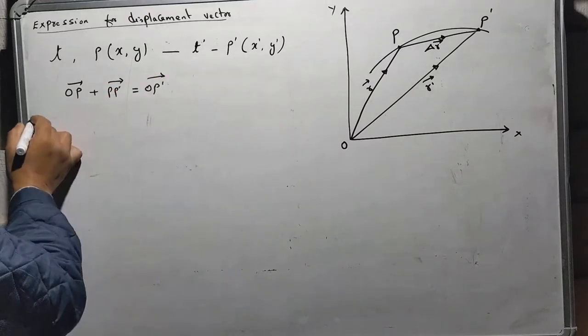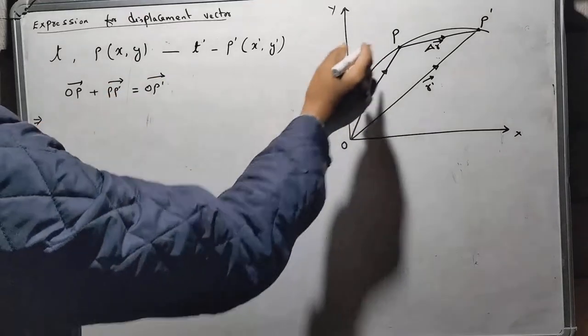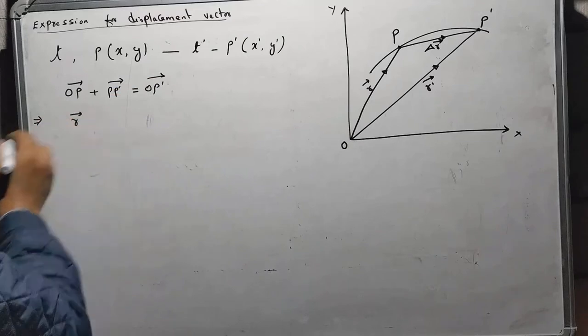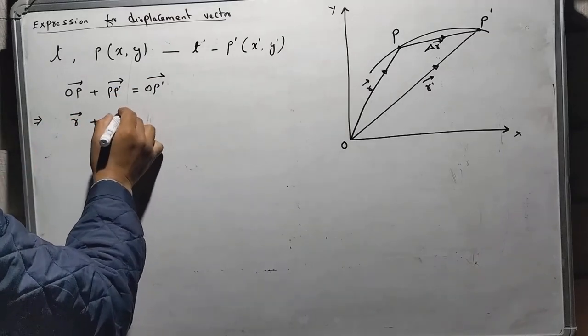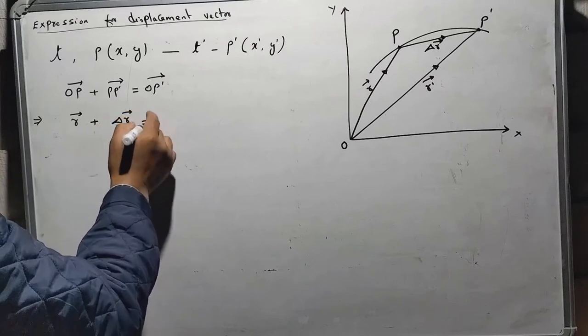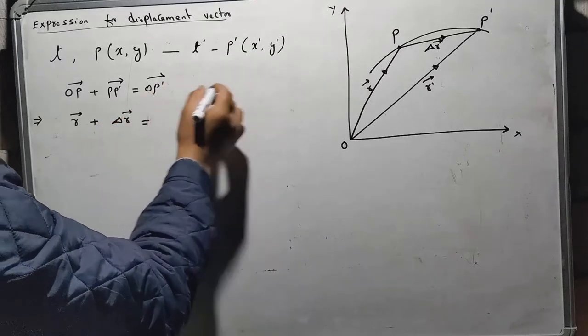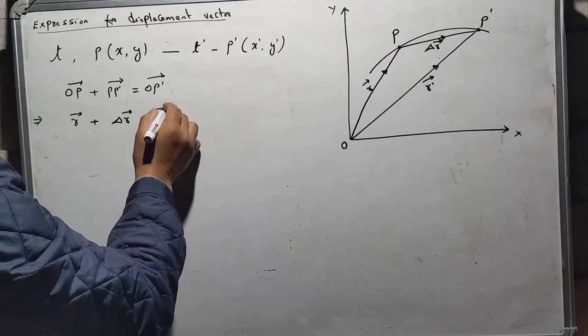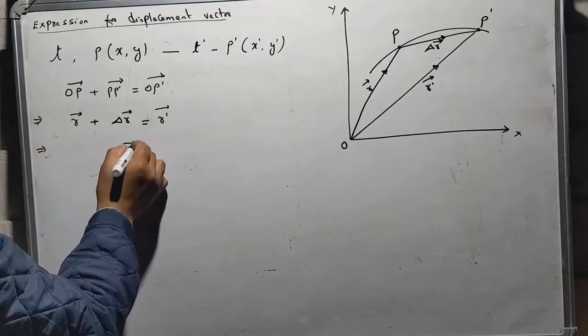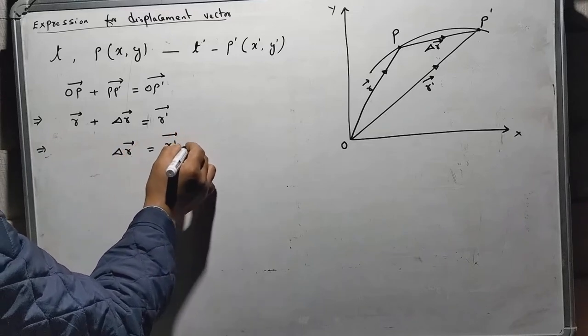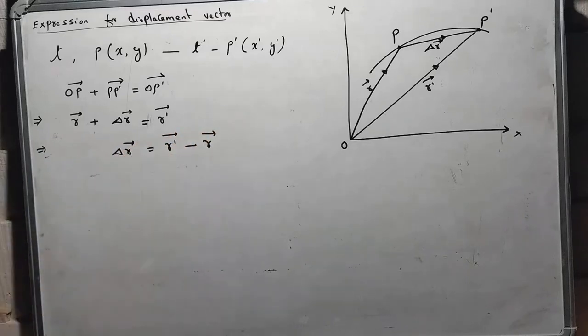Instead of OP, I will write R arrow; PP dash is the displacement vector delta R arrow; and instead of OP dash arrow, I will write R dash arrow. Or we can say delta R is equal to R dash arrow minus R arrow.